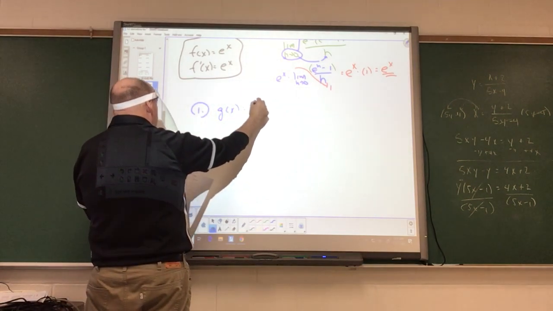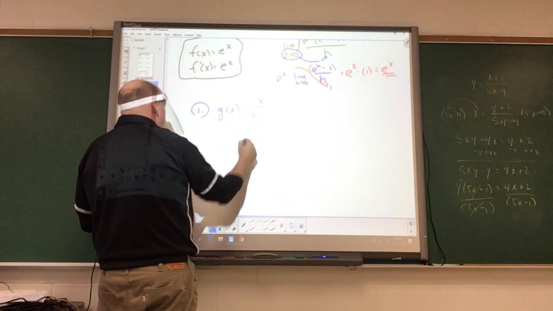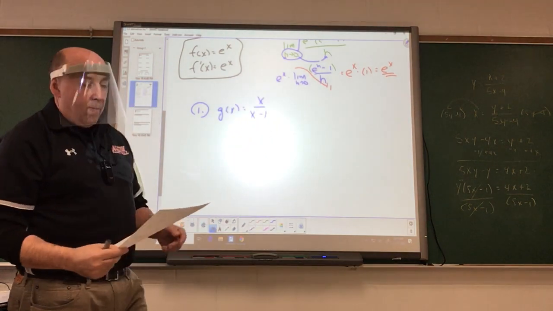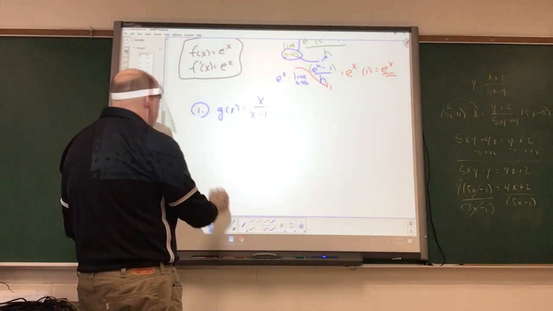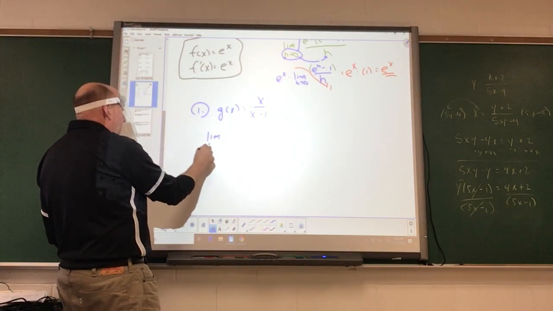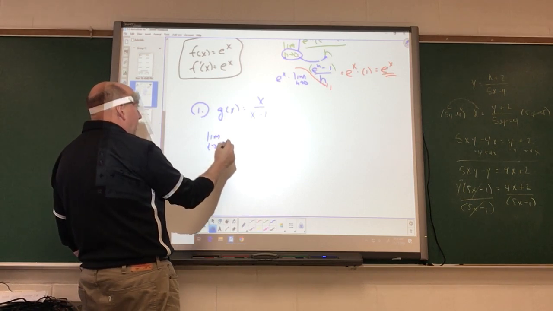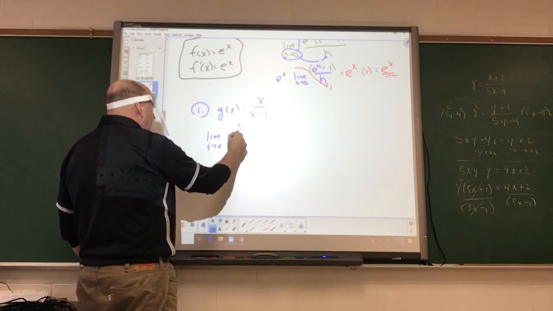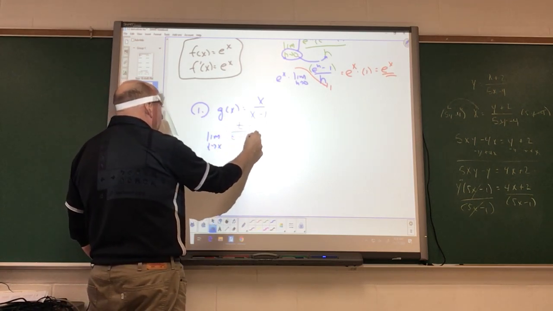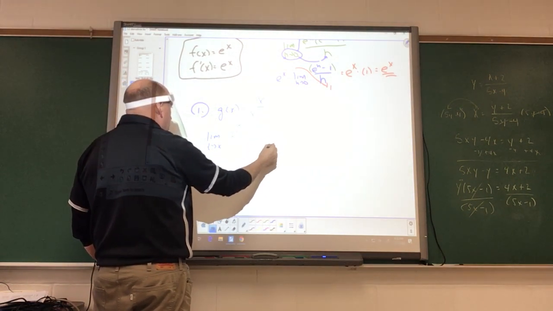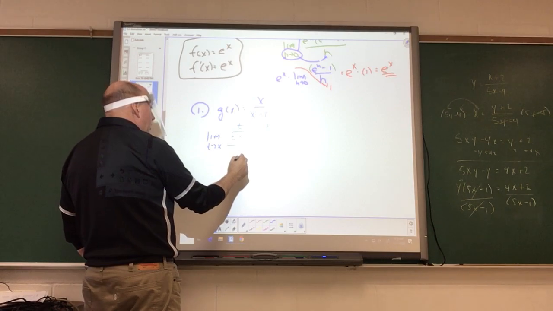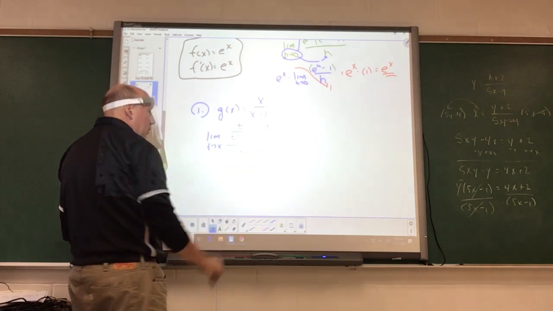f of x is equal to x over x minus 1. So if we take a look, we have a limit as t is approaching x of f of t, which is t over t minus 1, minus f of x, x over x minus 1, and this is over t minus x.